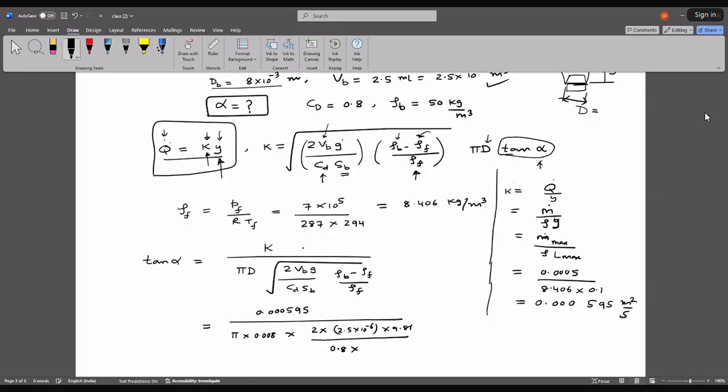The frontal area SB is basically pi into d square by 4, that is pi into 0.008 square by 4. That will come out to be 5.207 into 10 to the minus 5 meter square. So that is substituted here.